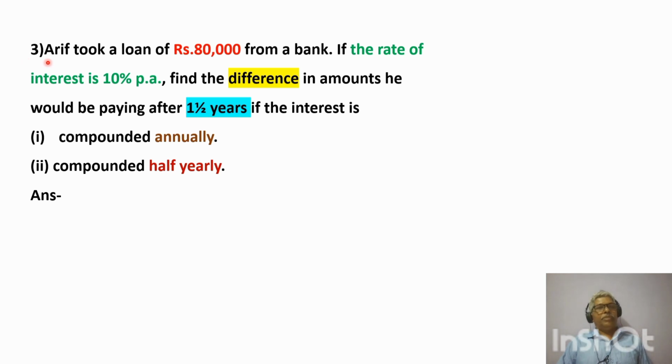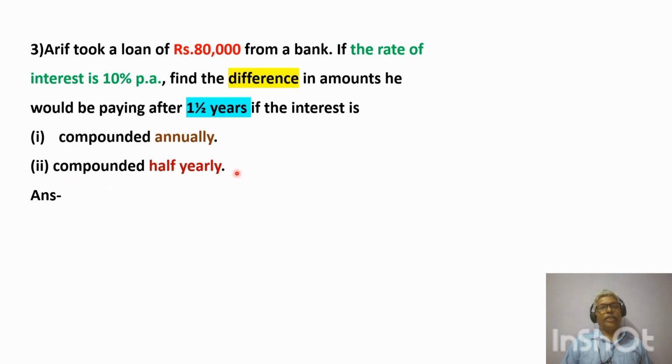Another problem. Arif took a loan of rupees 80,000 from a bank. If the rate of interest is 10%, find the difference in the amount he would be paying after 1.5 years if the interest is compounded annually and compounded half yearly.